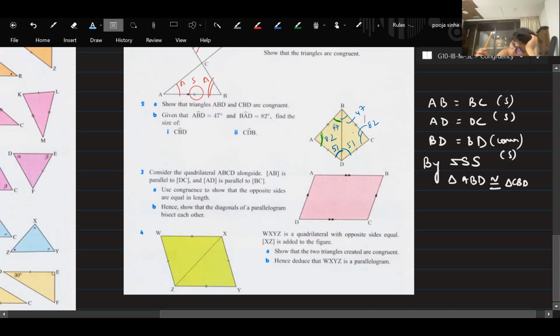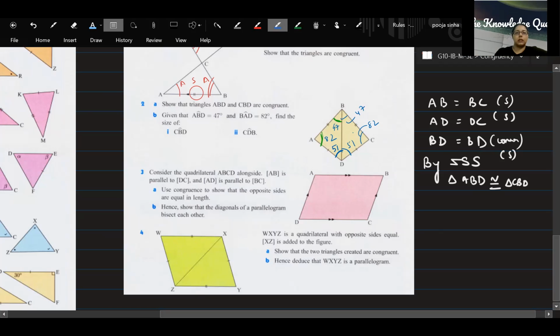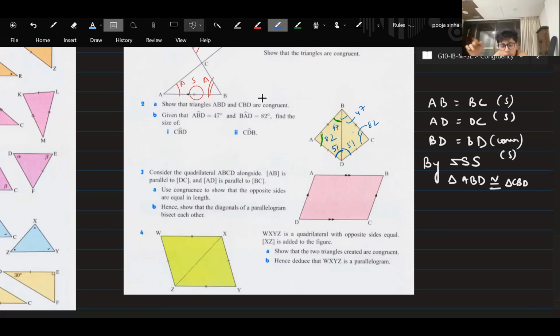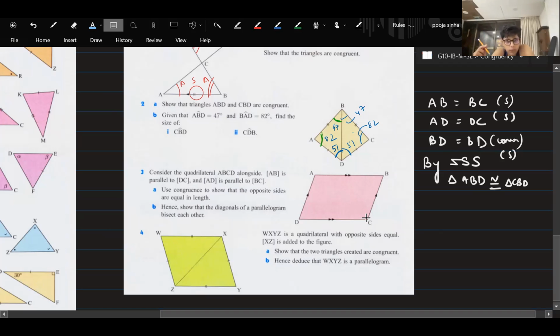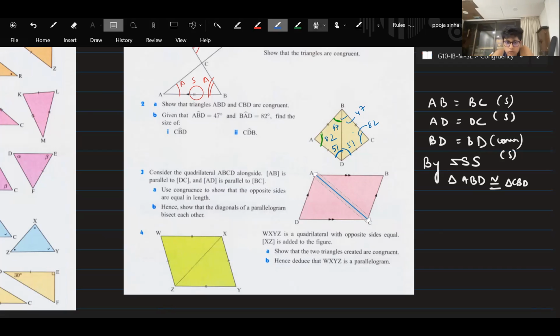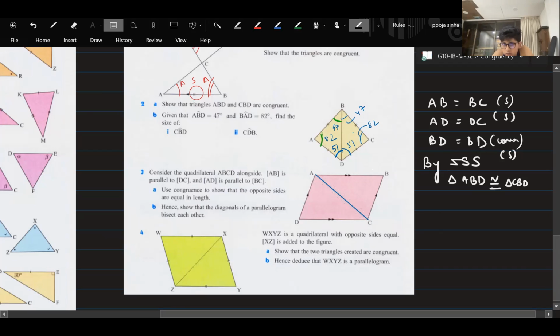Use congruence. If you just put a line from A to C, you get two triangles, ACD and ABC. Now we know that line AD is congruent to line BC.